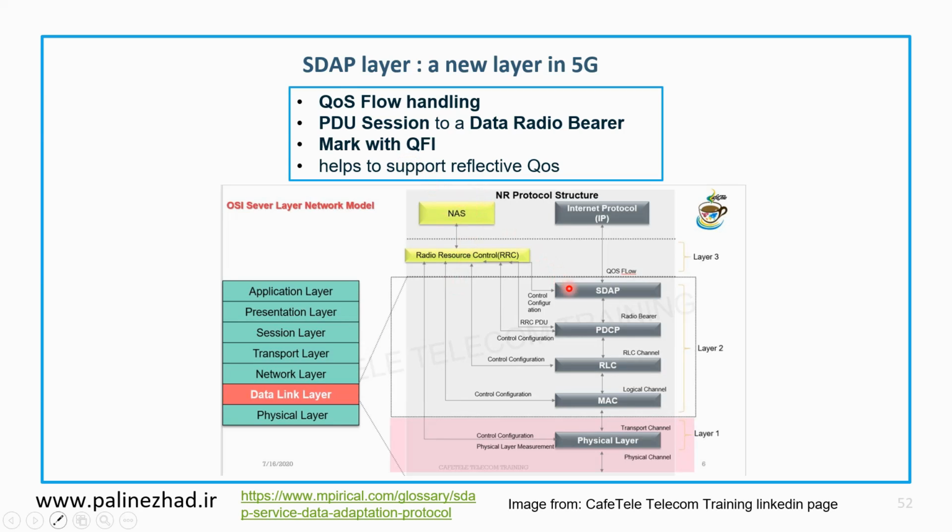This SDAP layer has several responsibilities, and the first one is QoS flow handling. And in this QoS flow handling on the 5G air interface, SDAP will map a specific QoS flow within a PDU session to a data radio bearer. Okay, you see the flow in chapter, I think chapter 2.